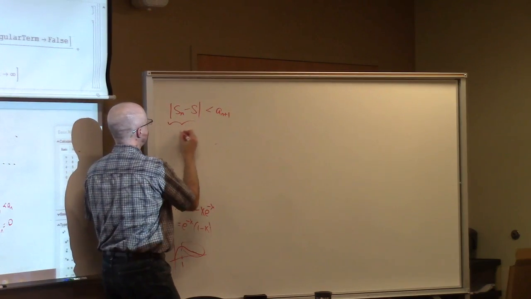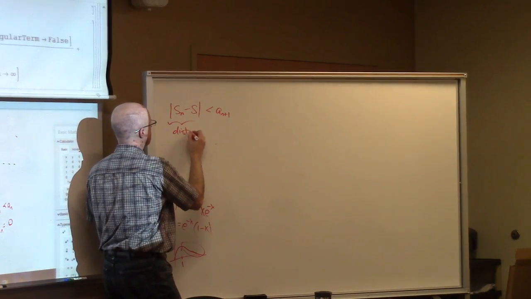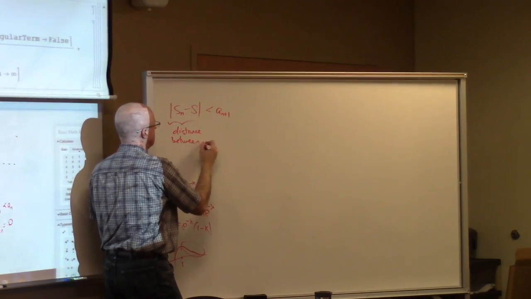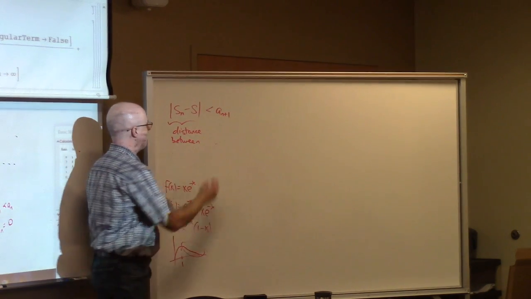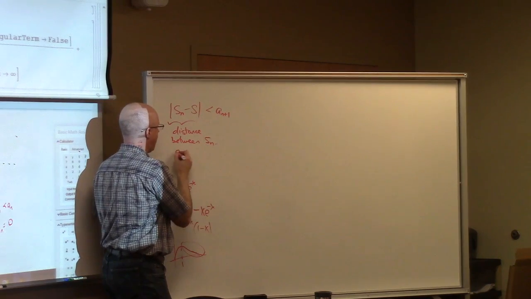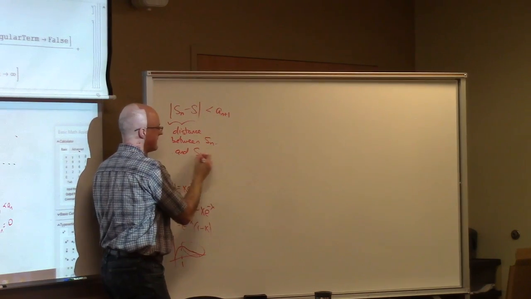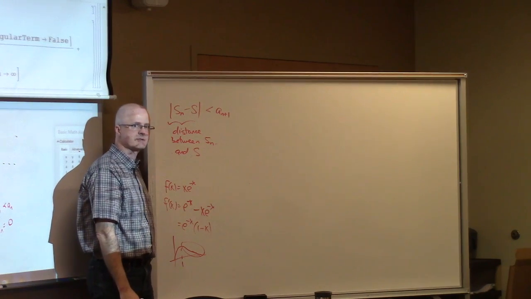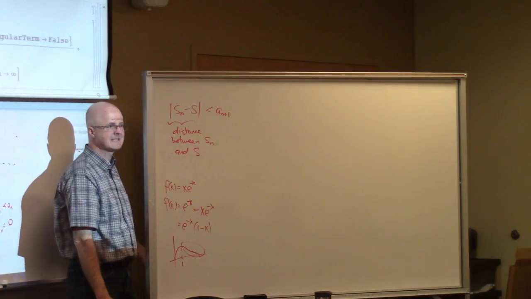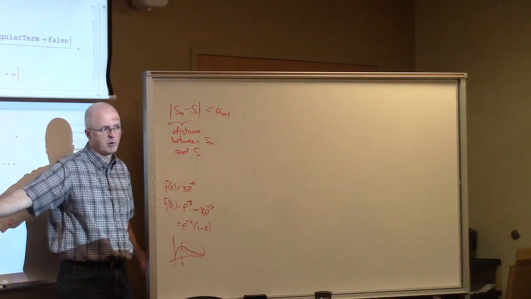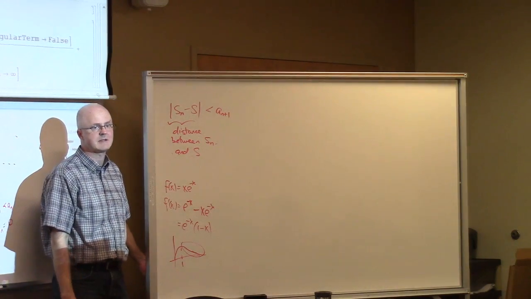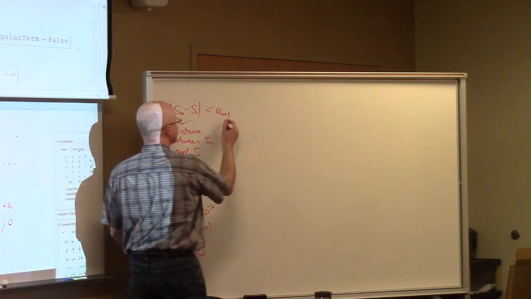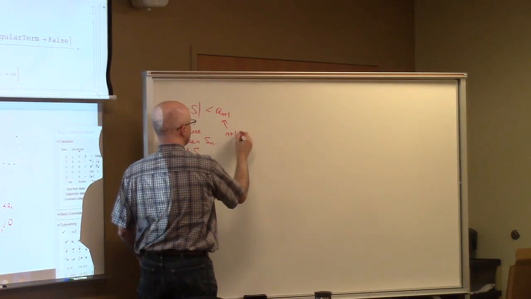This is the distance between the nth partial sum, Sn, and the sum of the infinite series, S. Sn is the nth partial sum, S is the sum of the infinite series, which you've just proven converges by the alternating series test because it fits the alternating series test. And this is just the n plus first term.